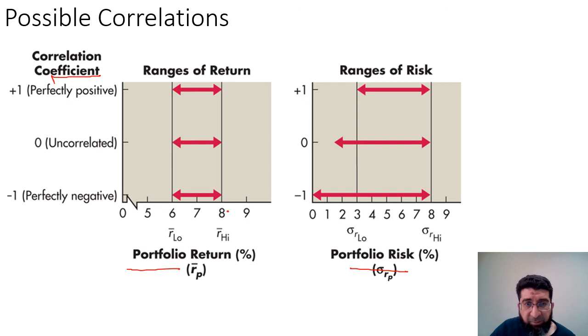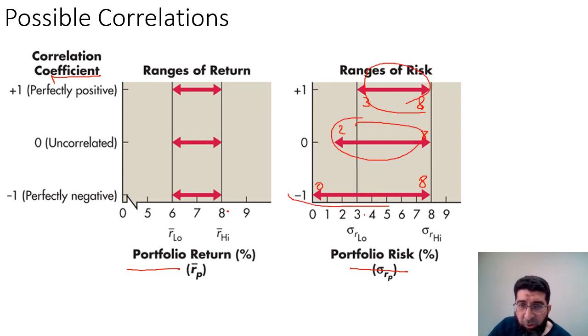So return is almost the same for all of them, while the range of risk on the positive correlation is between 3 and 8%, while here we have between 2 and 8%, and here we have maximum risk of 8%, while it is 0 to 8%. So separately, if we evaluate the two assets, we have risk and return given here. While if we combine them in a portfolio, we have a longer range of risk, and we have more appropriate sets of risk available for the same set of returns.